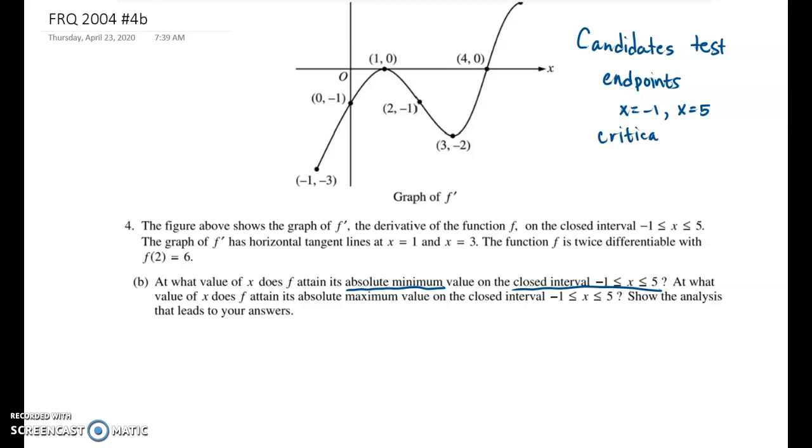For us, the critical points are at x equals 1 and x equals 4, because that's when f prime is equal to 0. I would argue that we can actually toss out x equals 1, because at x equals 1, f prime does not change sign.